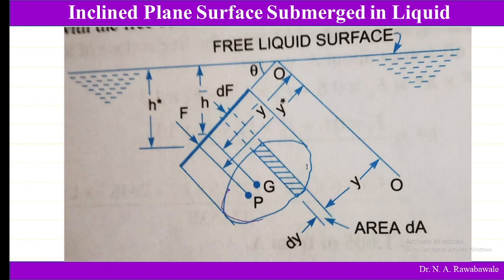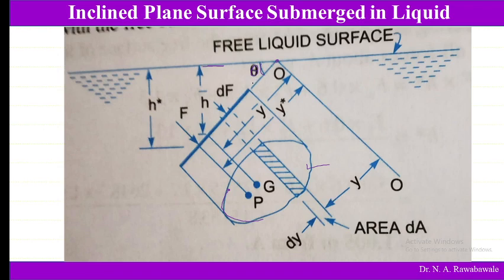Now when this surface is submerged in this liquid, and this is the free surface of liquid, when we extend this surface, it meets the free surface and makes an angle theta. So theta is the angle made by the inclined plane with the free surface of liquid.